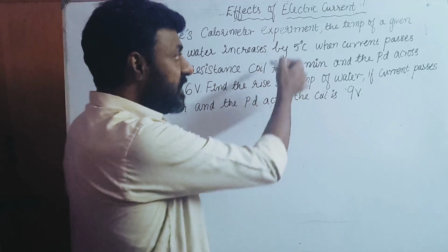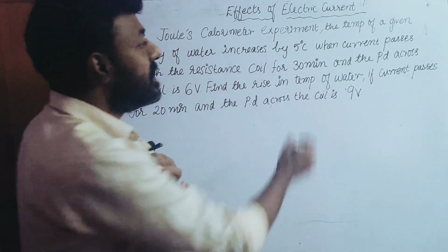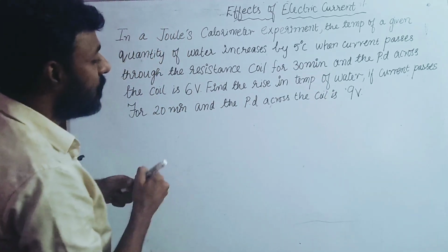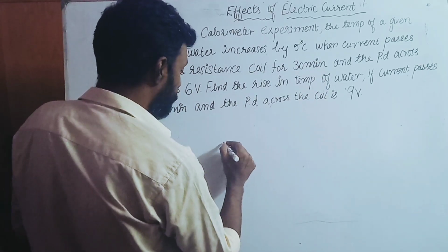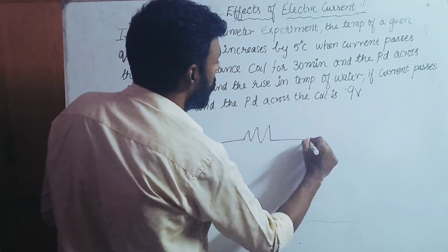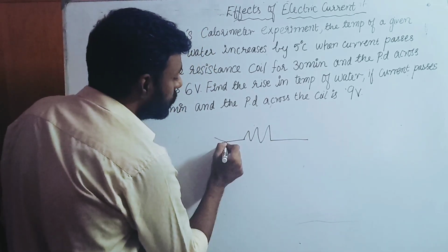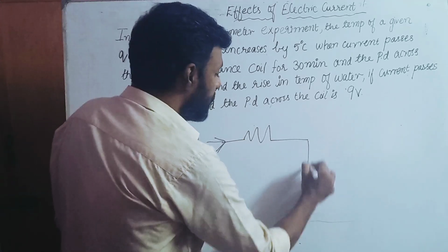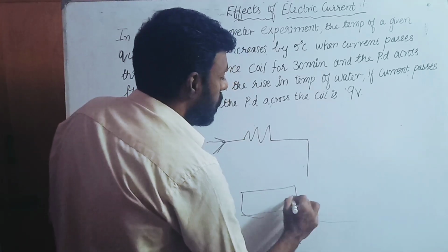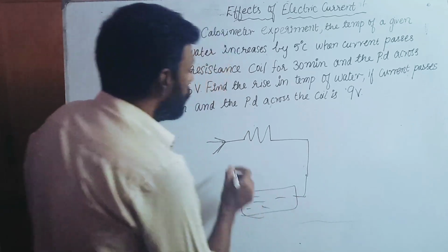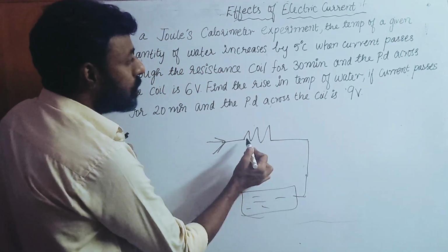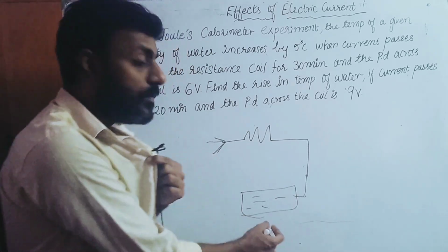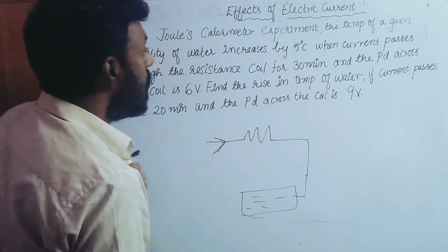For example, this is the resistance coil. Here the current is passed through the resistance coil. Okay, so water is here. So when the current is passed through the resistance coil, there is a difference in temperature of water which is 5 degrees Celsius.